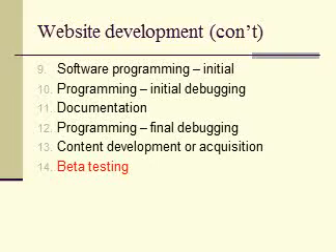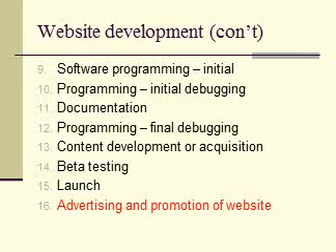Beta testing. This is the opening of the near final site to a select group of end users prior to initial launch. Then comes the launch. This is launching the final site on the web. The final step is advertising and promotion of the website.